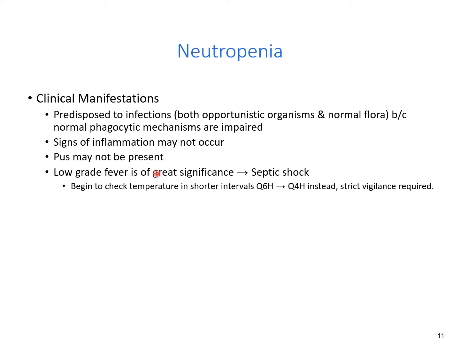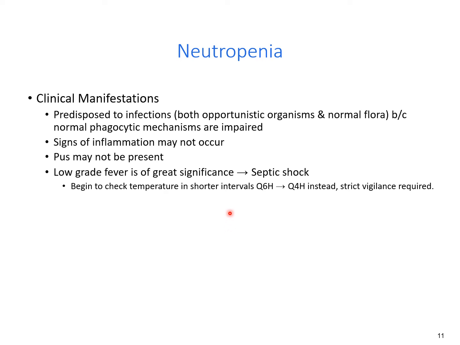So anytime a patient has a low-grade temperature, that's of great significance because your patient may actually be going into septic shock. But remember, you're looking at all your labs and specifically you're paying attention to your ANC to see where it's at, and all of that is going to be helpful in determining whether or not your patient is in trouble.